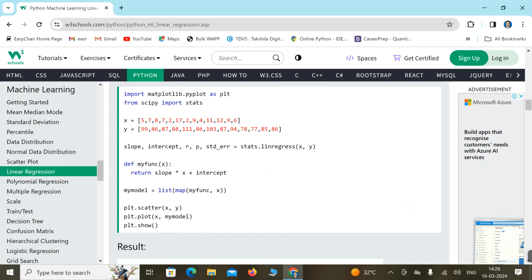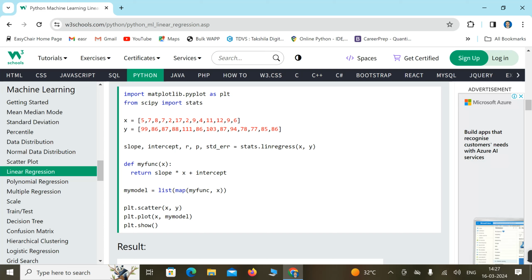So, x and y are the data sets. I'm defining slope, intercept, R, P, standard error from the built-in function linregress of the data. Then I'm calculating the slope by using my function. Then I'm using my model for getting the list of it.